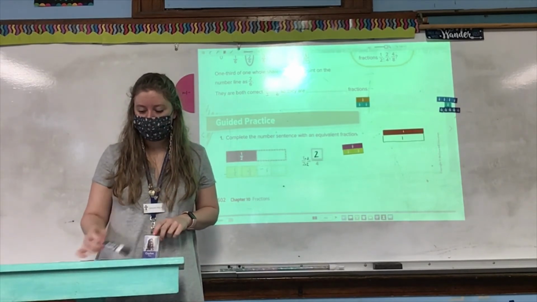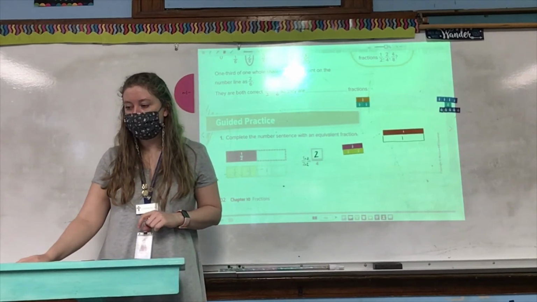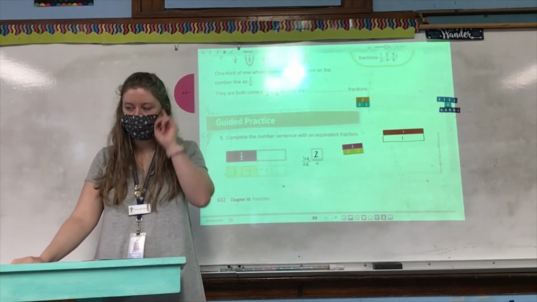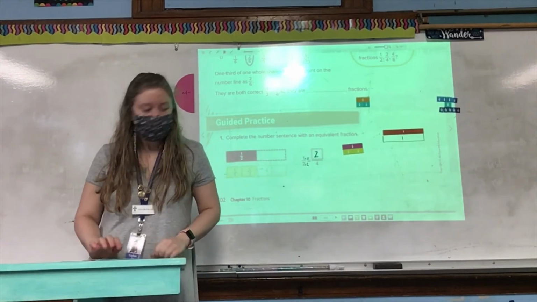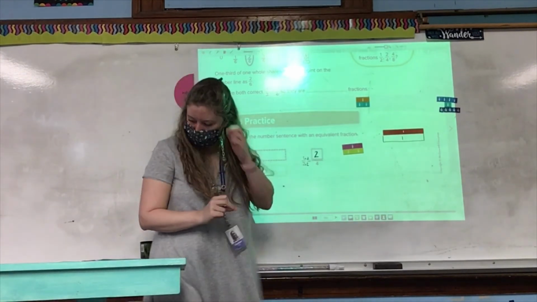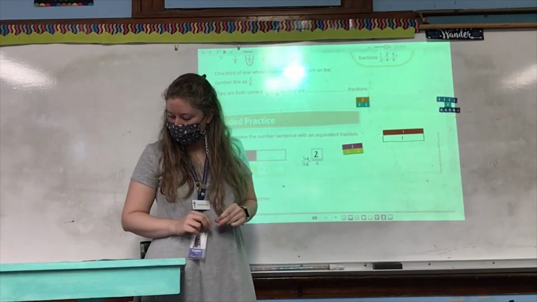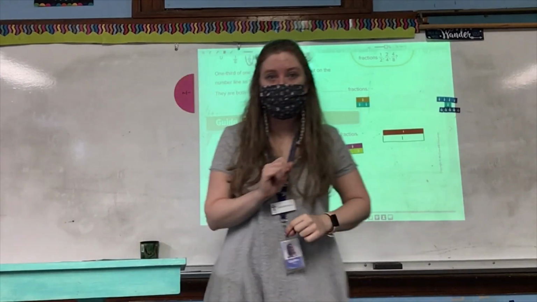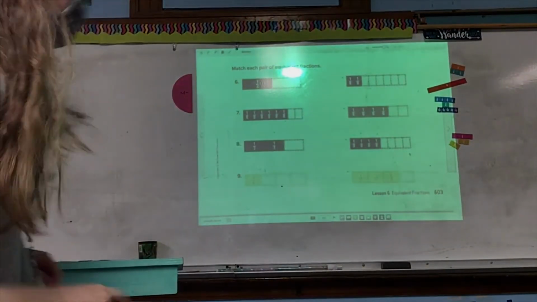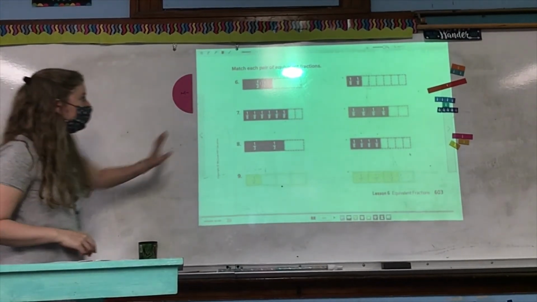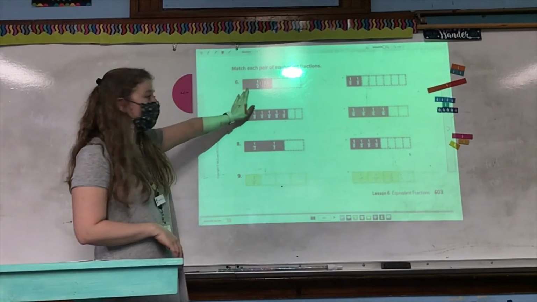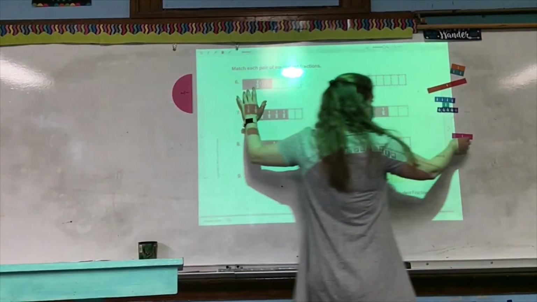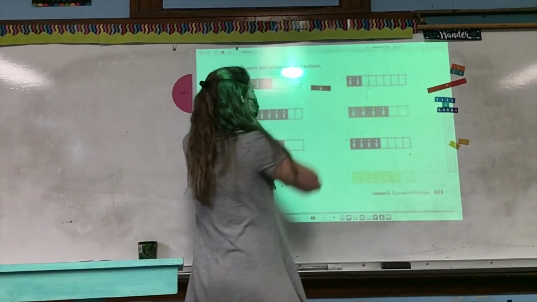Use your fraction tiles to help you. So right now, everybody get out your fraction tiles, your plastic ones. Or, Zari, if you have your paper ones cut out, you'll have to use those. Let's do number 6 together so that I can show you how to do that with fraction tiles. Number 6, the directions say match each pair of equivalent fractions. So we have 1/2, so I'm going to take my 1/2 and I'm going to model it.